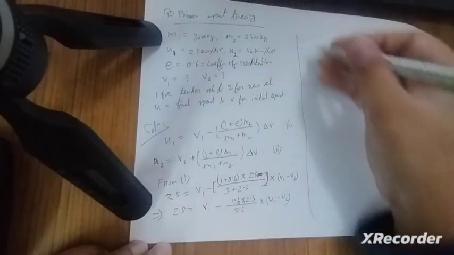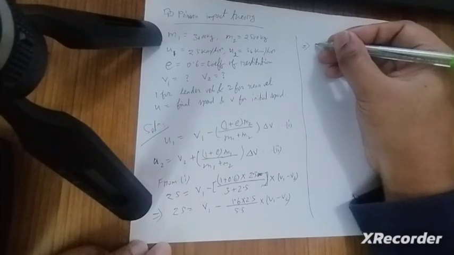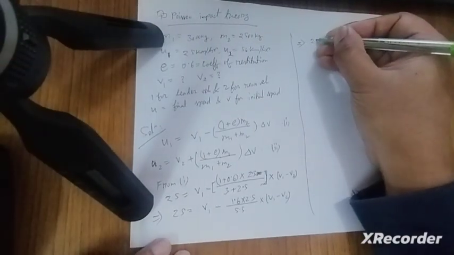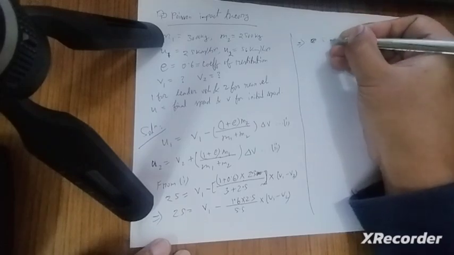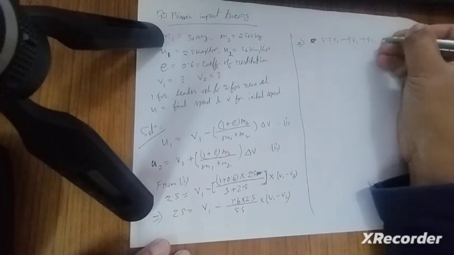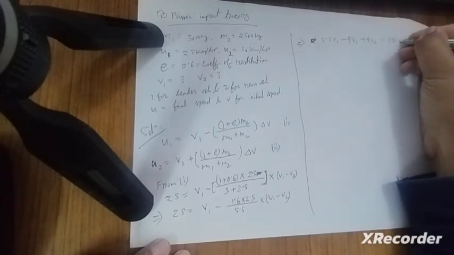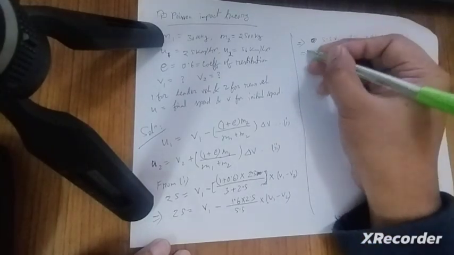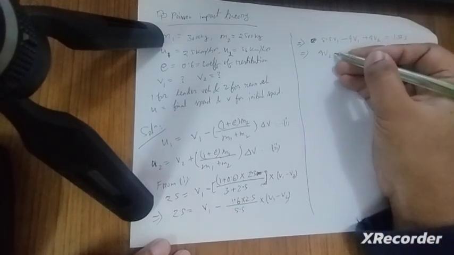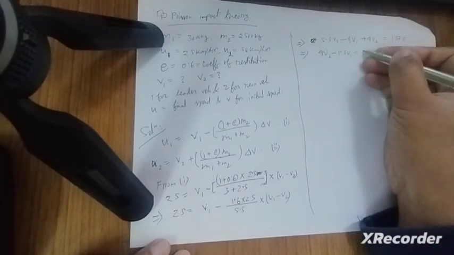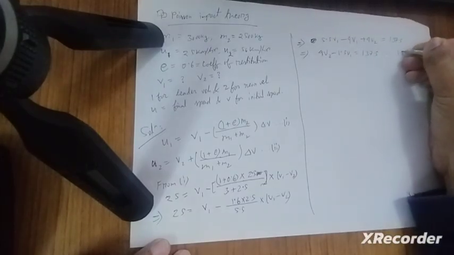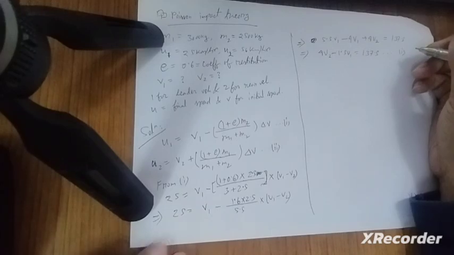If we change the side, we can write the linear equation like this: 5.5 v1 minus 4 v1 plus 4 v2 gives us 137.5. Summarizing this equation more concisely, we get 4 v2 minus 1.5 v1 equals 137.5. This will be our equation 1.